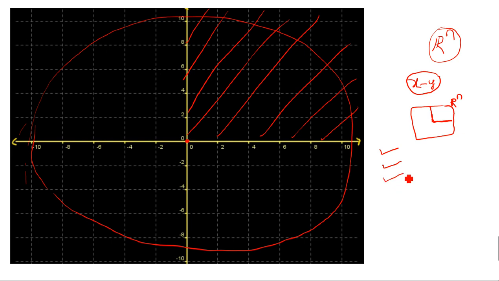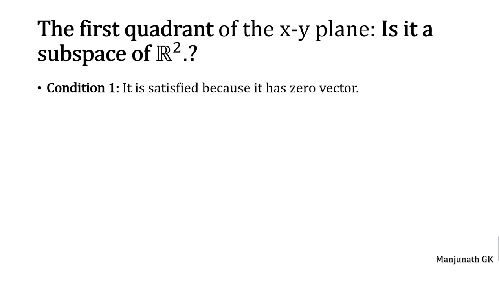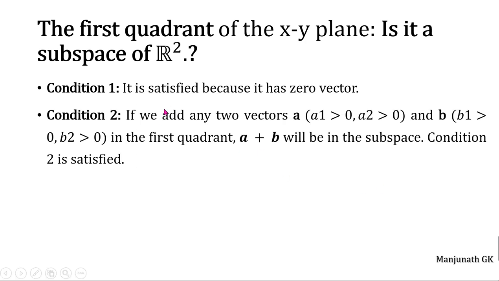What is the third condition? For any two vectors, the addition of those two should fall in the first quadrant. Okay, let me check that condition here. If we add any two vectors, vector A and vector B, vector A has two components a1 and a2.